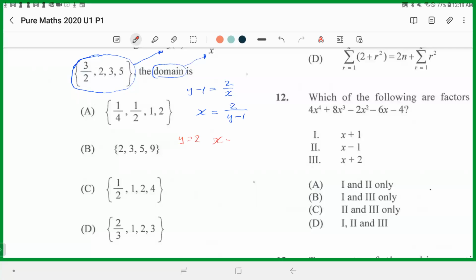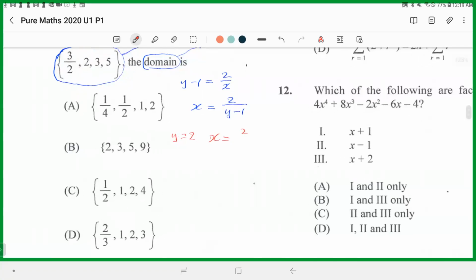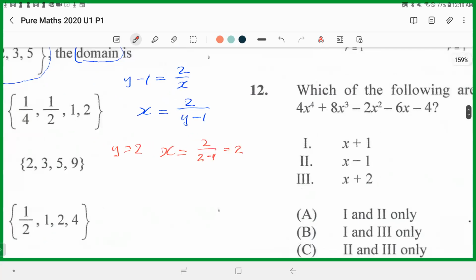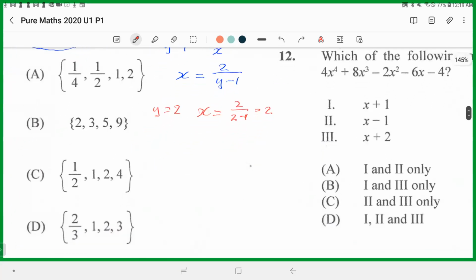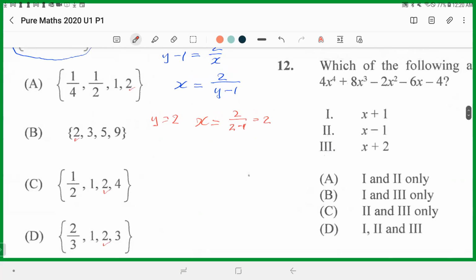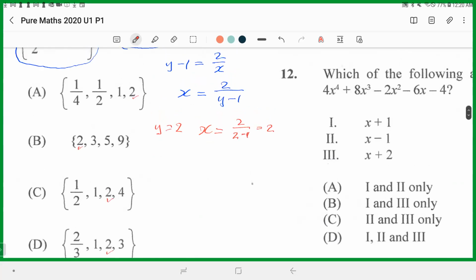The x becomes 2 over 2 minus 1, which is 2. So x equals 2 is in the domain. All of them have 2 in it, so we have not eliminated any. So far no luck.